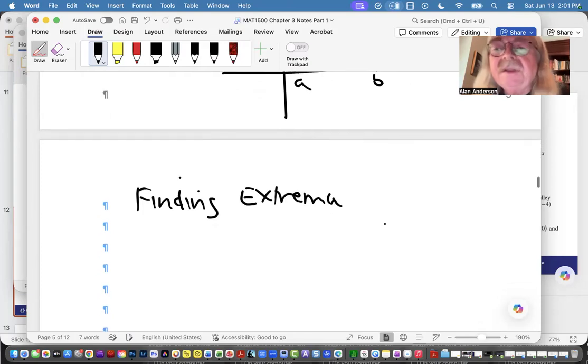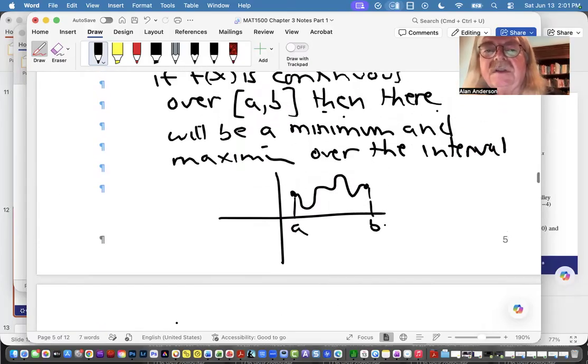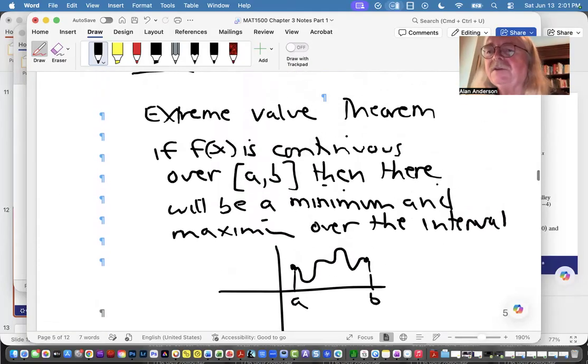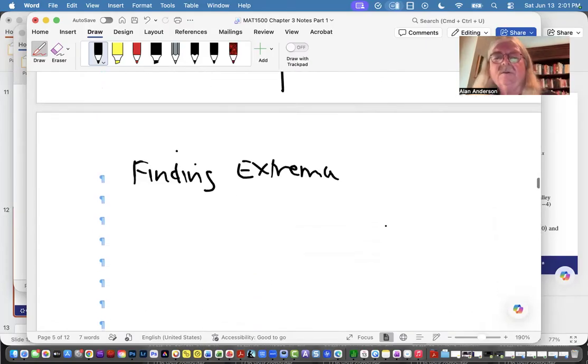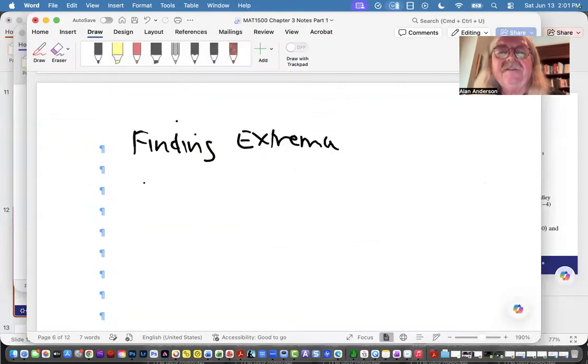All right, so assuming that we have a continuous function over a closed interval, in other words, the requirements for the extreme value theorem are satisfied, here's what's going to happen. We've got f of x is x cubed minus 3x squared.